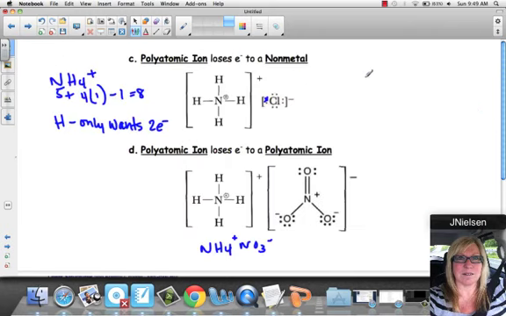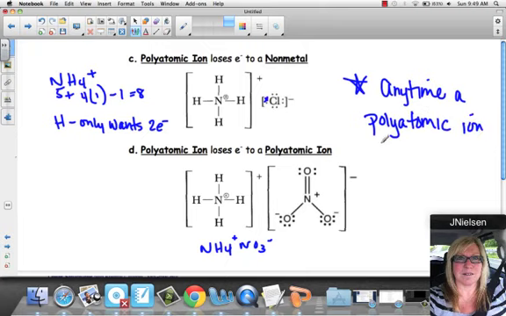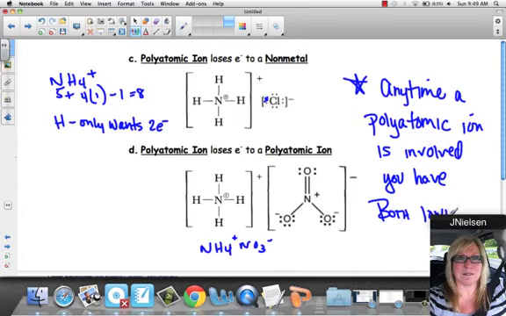So the last thing that I want to note in this section, which is very important, anytime a polyatomic ion is involved, you have both ionic bonds and covalent bonds present.